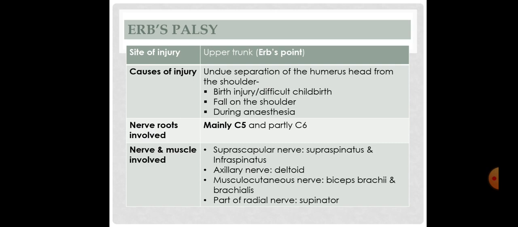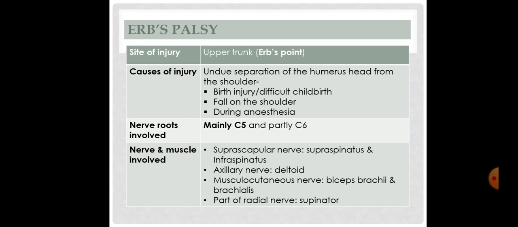Number 1, deltoid and supraspinatus cause abduction, so abduction will be impaired. Infraspinatus and teres minor cause lateral rotation, so this movement will also be affected. Similarly, biceps brachii and brachialis cause flexion of the forearm, so flexion of the forearm will be affected, and supination of the forearm is not possible in Erb's palsy.